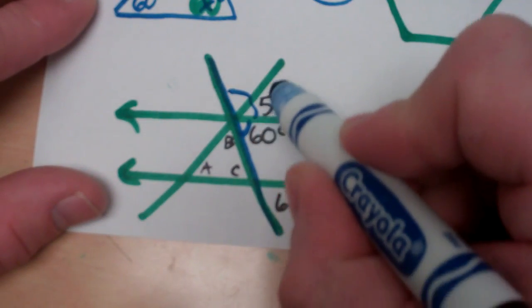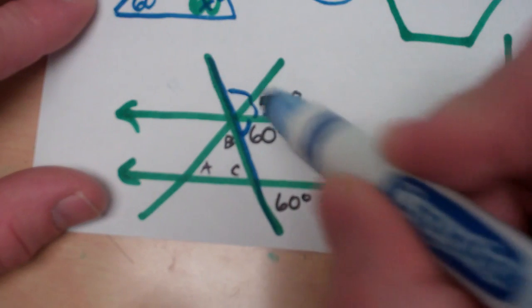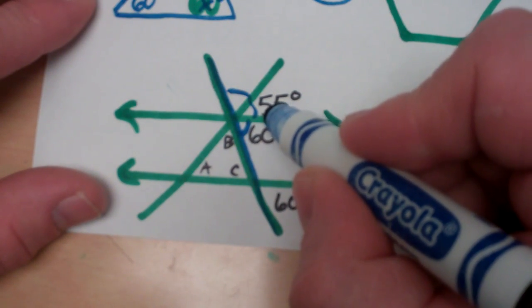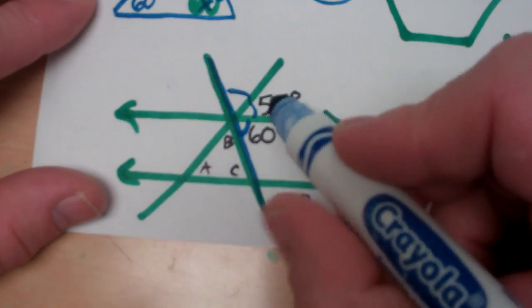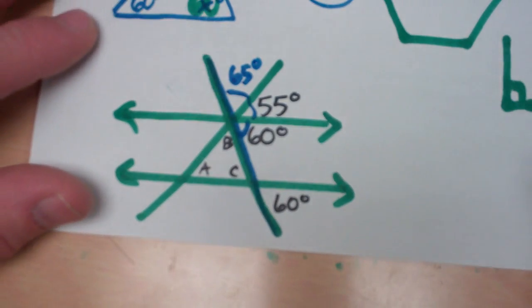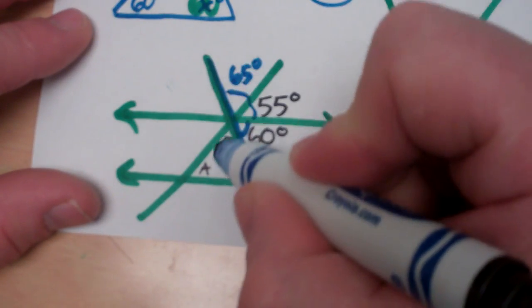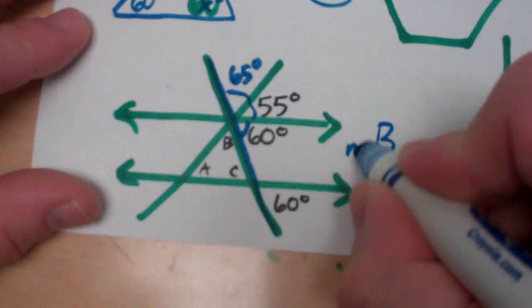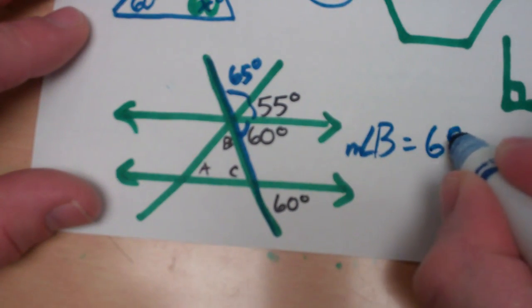So if I take 180 minus these two, I'll get this one right here. So 180 minus 115 is 65. That's a 65-degree angle. Remember, these two are what is called vertical. Vertical angles are always congruent. So the measure of angle B is 65 degrees.